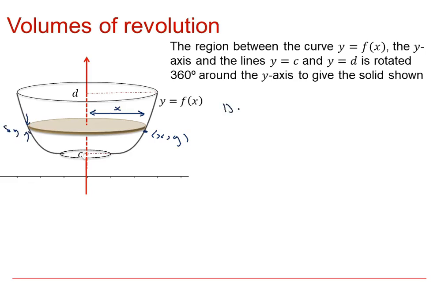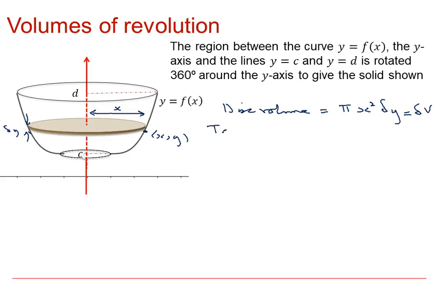So if we look at one disk first, the disk volume is pi, and the radius is x, so it's pi x squared, and the thickness is delta y. So that's one disk, so that is delta V. That is just a small change in the volume.